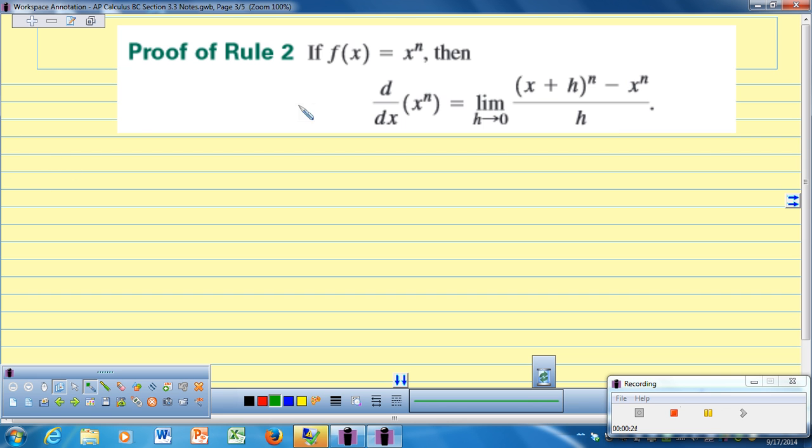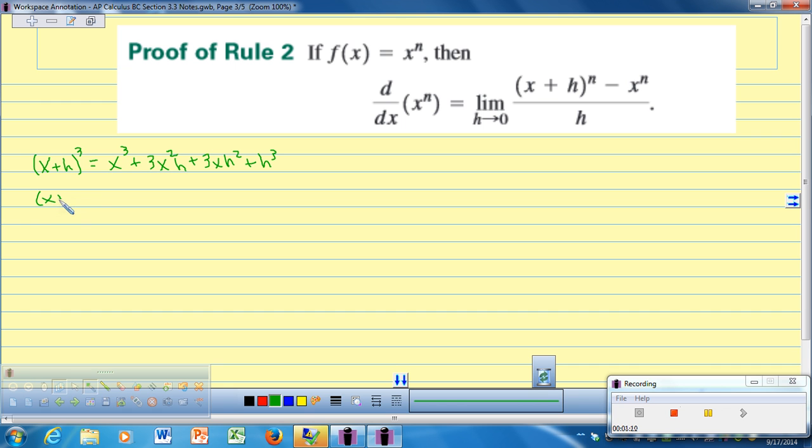And the next thing we would usually do is expand out x plus h to the n. Well, let's think about if we had x plus h cubed. That would be x cubed plus 3x squared h plus 3xh squared plus h cubed.